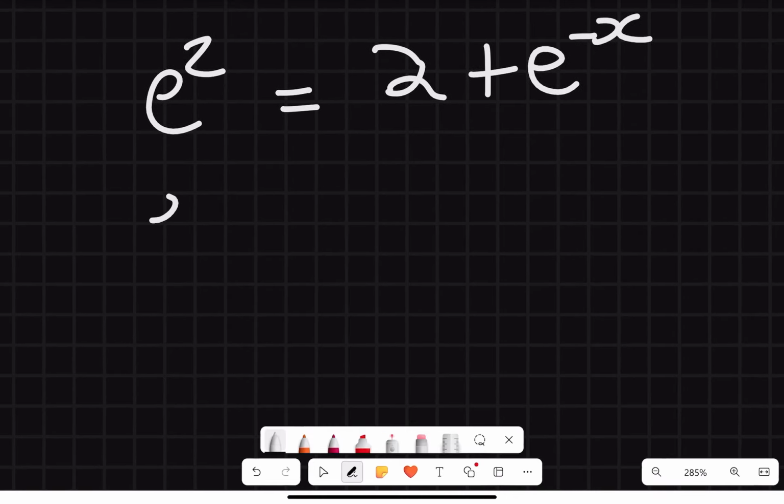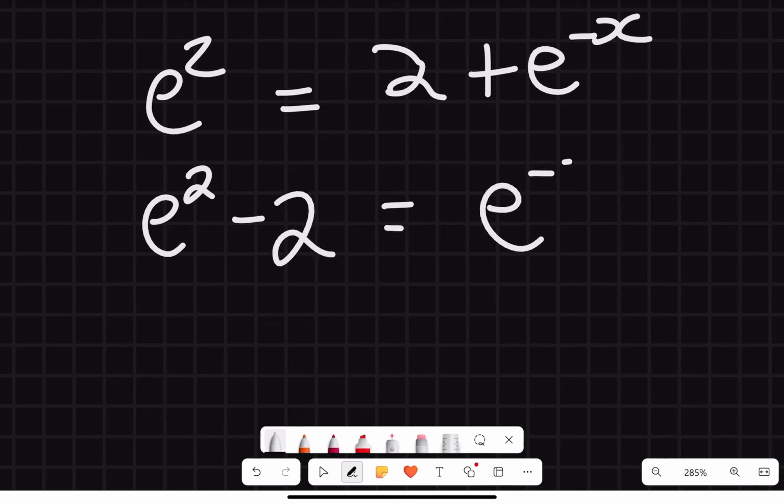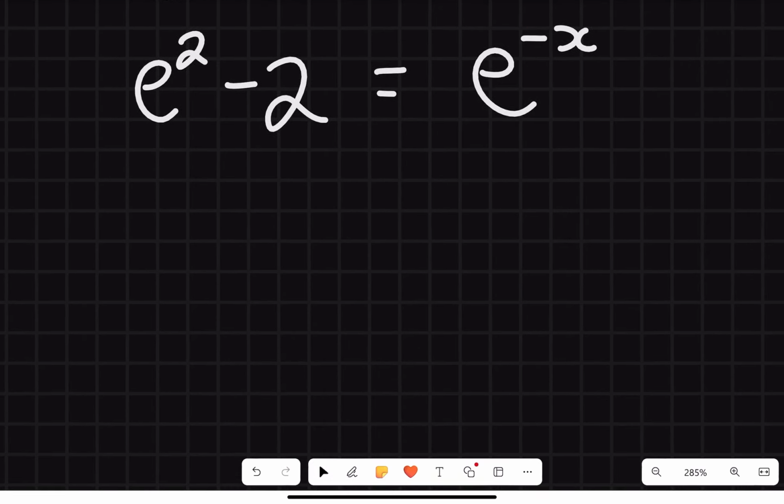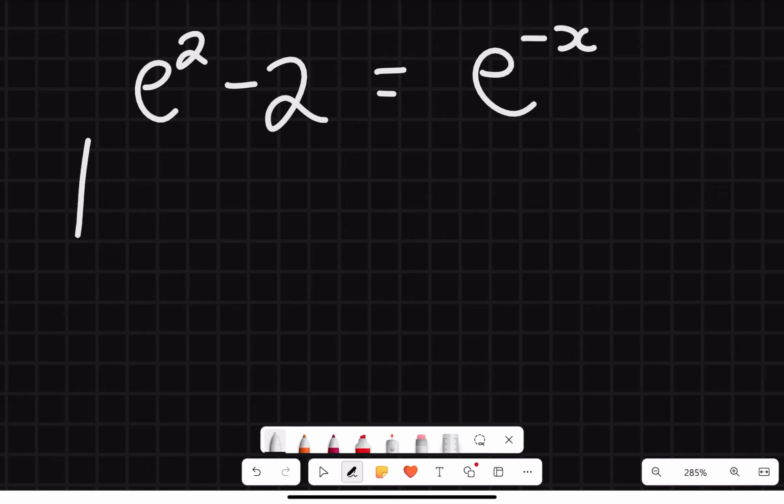If you check here, you have e^2 - 2 = e^(-x). What I did there is I isolated the part with the variable I'm solving for. Because I'm solving for x, I have to introduce ln on both sides of the equation.